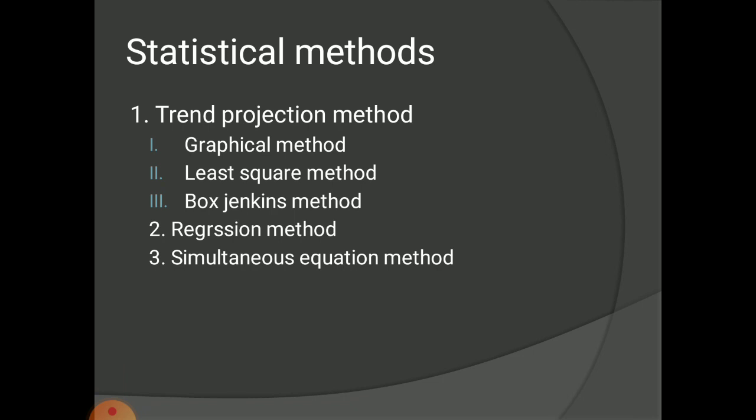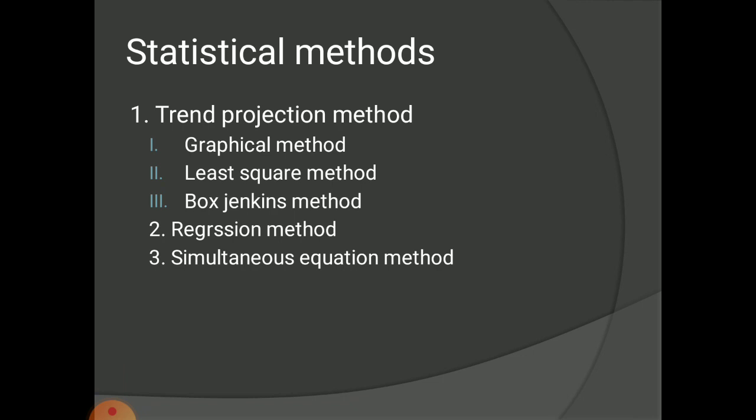We are discussing the second part of our first unit, that is demand forecasting, and in that we are discussing the methods of demand forecasting. In this lecture, we are moving towards the last category of this method, which are statistical methods.